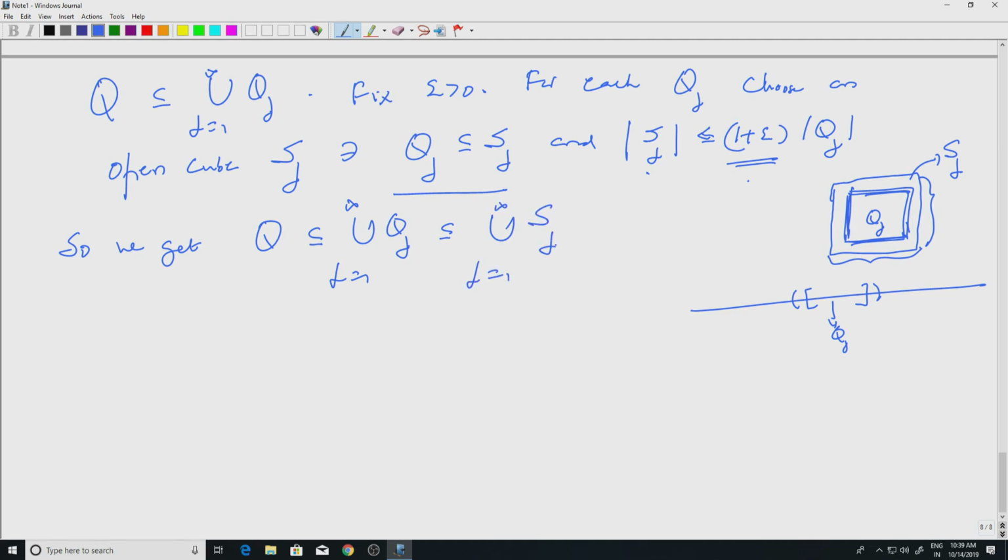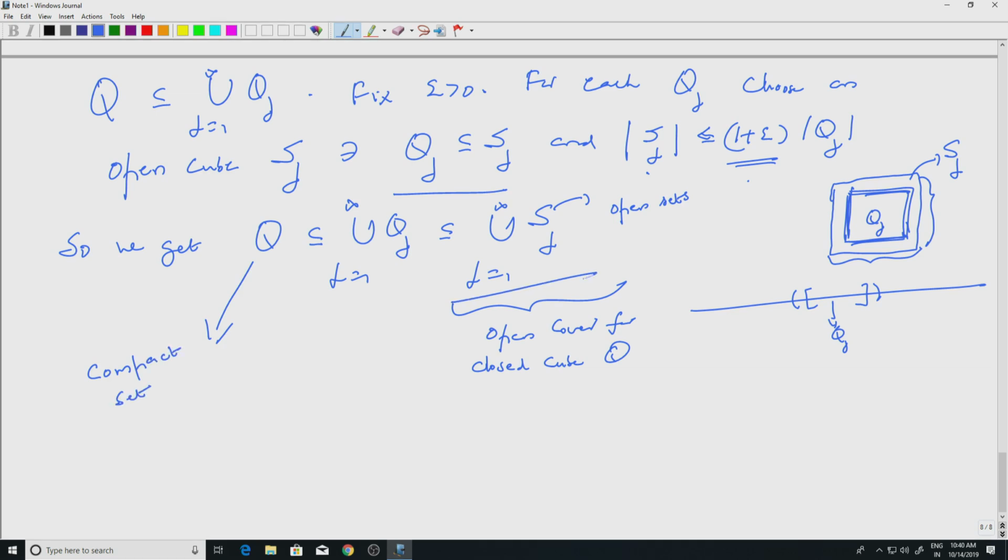But remember, this is an open set, so this is an open cover for the closed cube Q, because the Sj are open cubes. But Q is a closed cube, so it is compact, and I have an open cover.